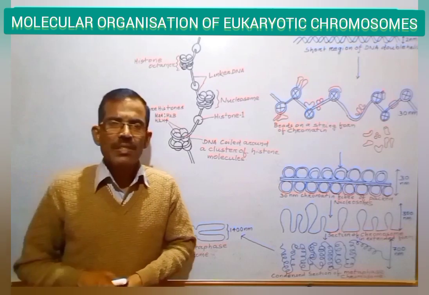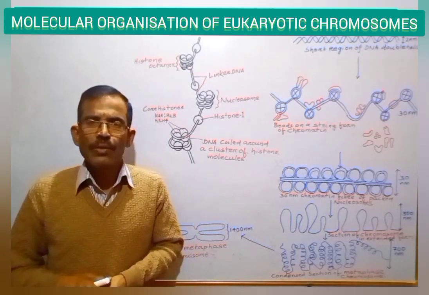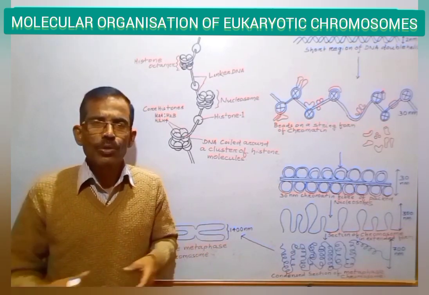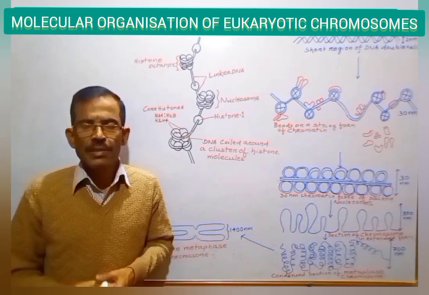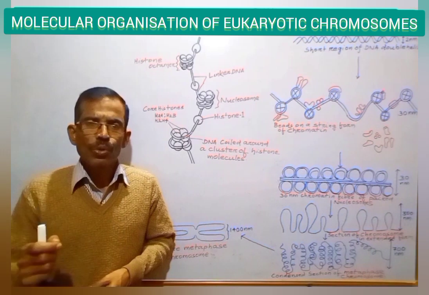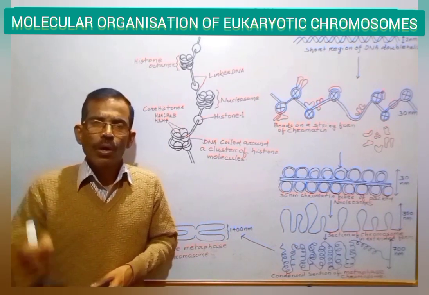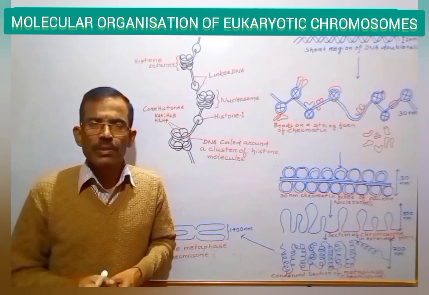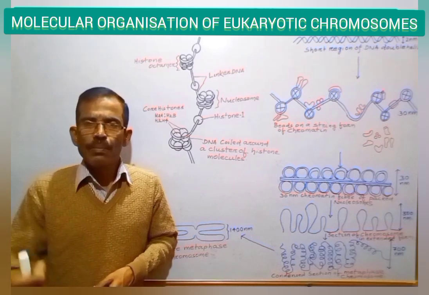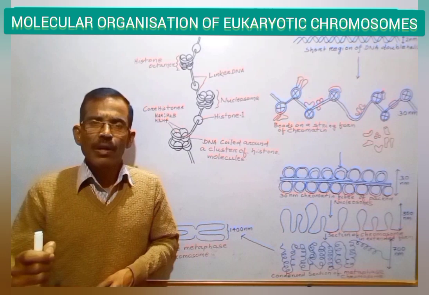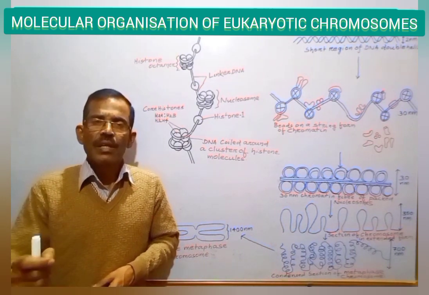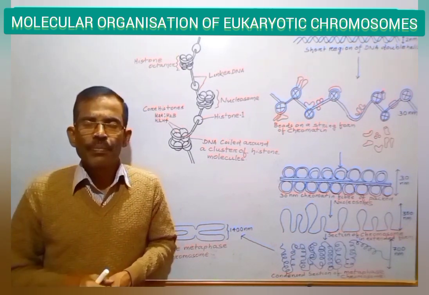The proteins that bind to the DNA to form the eukaryotic chromosome are traditionally divided into two classes. Number one is histones and number two is non-histone chromosomal proteins. The complex of both these proteins with the nuclear DNA of eukaryotic cells is called chromatin.